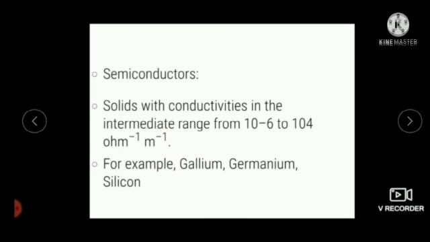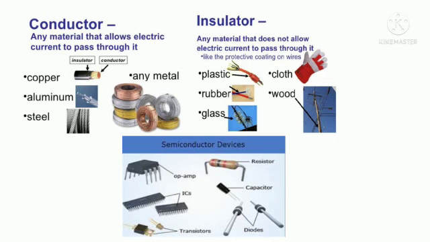Electrical conductivity in semiconductors is due to the presence of holes or electrons or both in their crystals. The conductivity of semiconductors increases with increasing temperature, while that of metals decreases with increasing temperature. Examples: gallium, germanium, silicon.